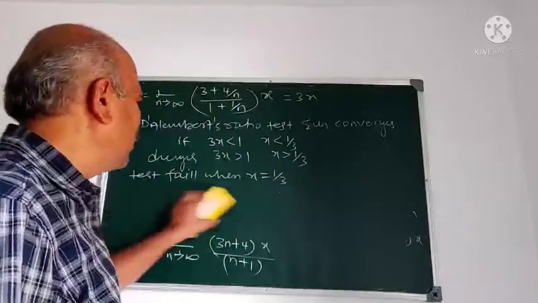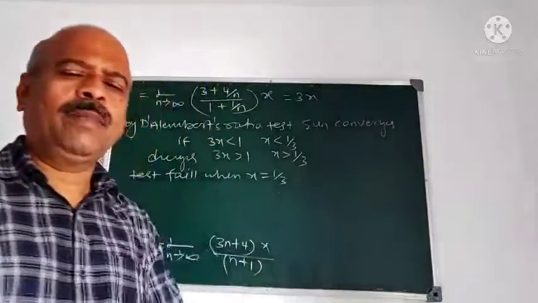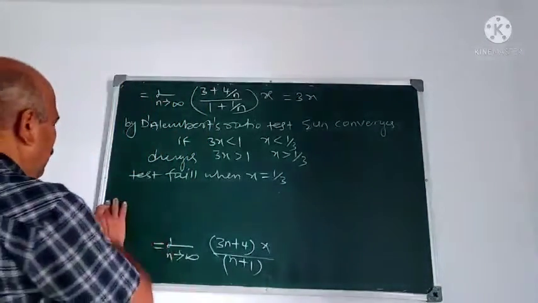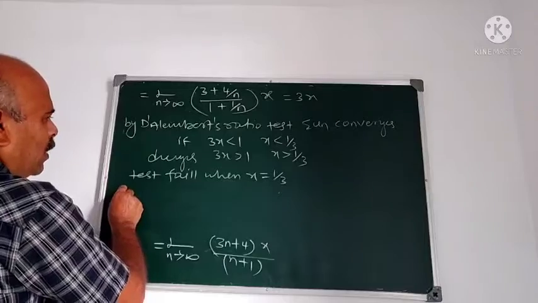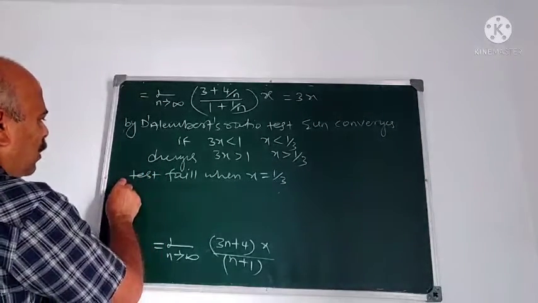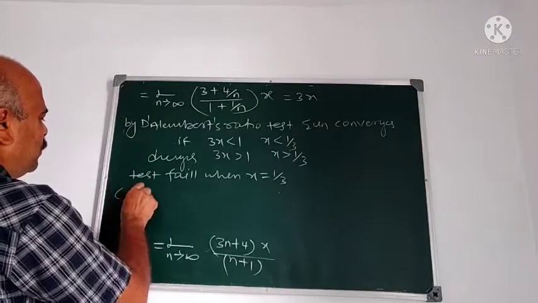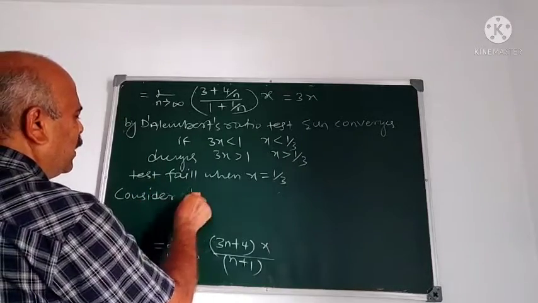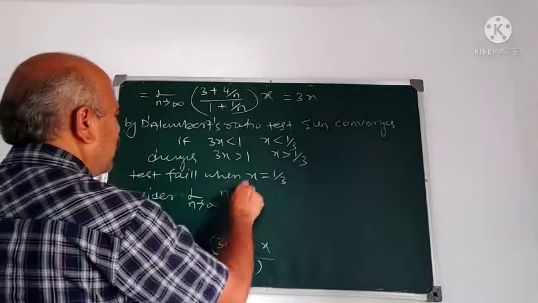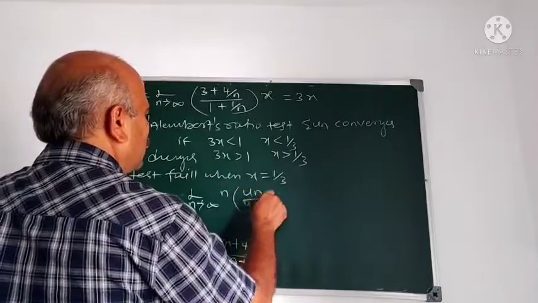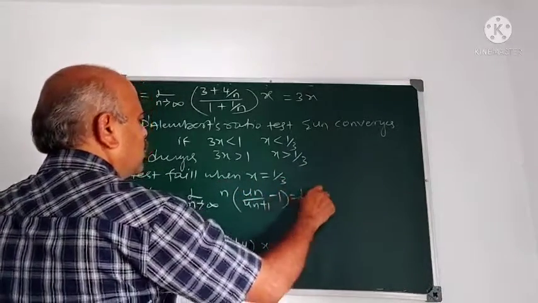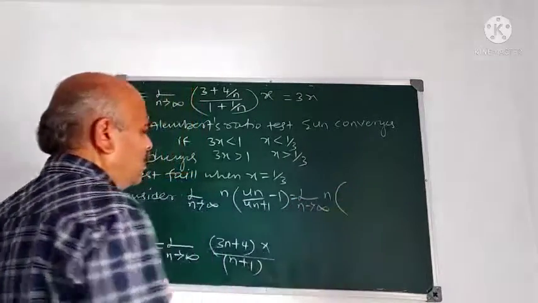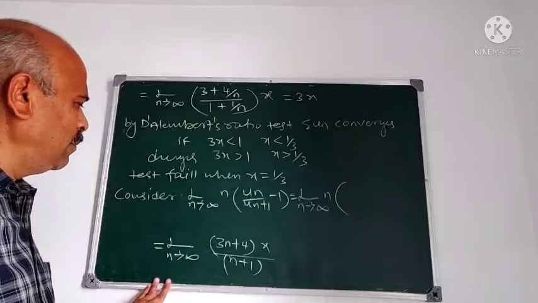Now, when x is 1 by 3, we apply Raabe's test. That may work here. That may be applicable. Now, consider Raabe's test: limit n tends to infinity of n into (un upon un plus 1 minus 1). So what is un upon un plus 1?